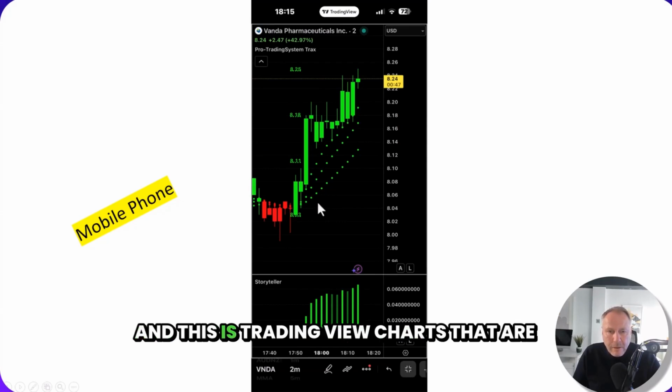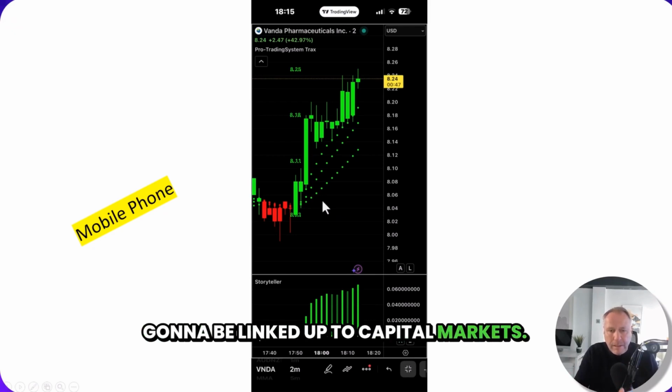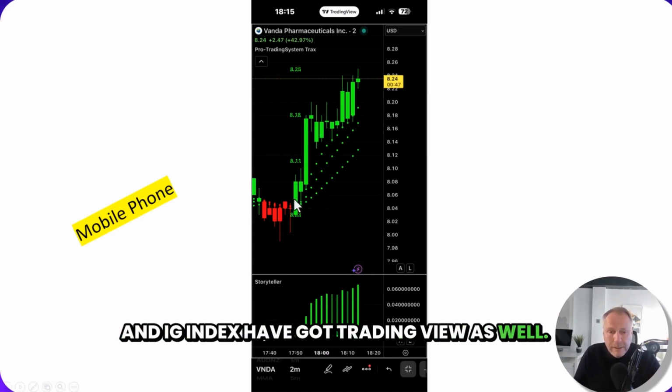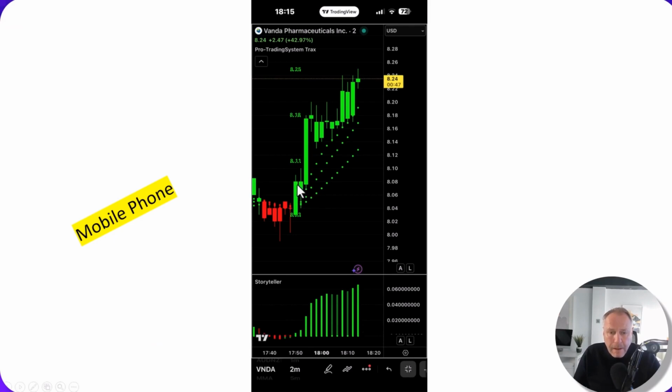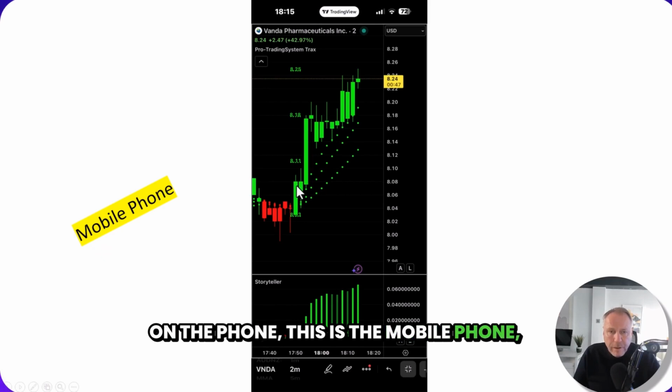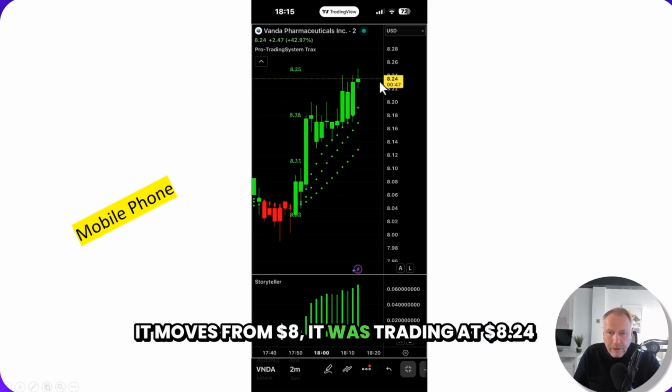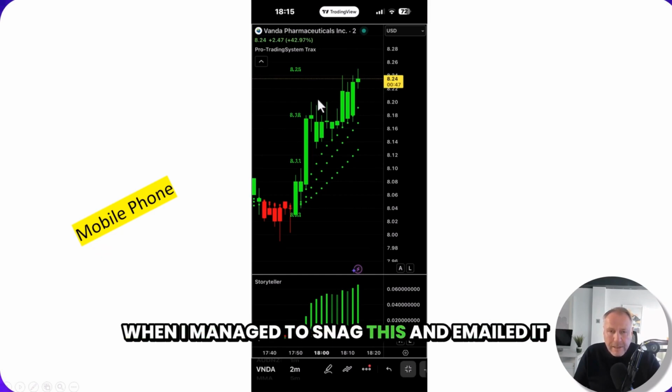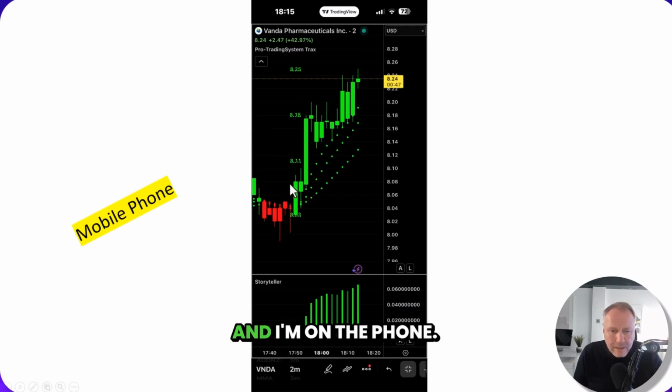And this is TradingView charts that are going to be linked up to Capital Markets. And IG Index have got TradingView as well. On the phone, this is the mobile phone, trading Vanda Pharmaceuticals. It moves from $8, it was trading at $8.24 when I managed to snag this and emailed it to myself. And I'm on my phone.